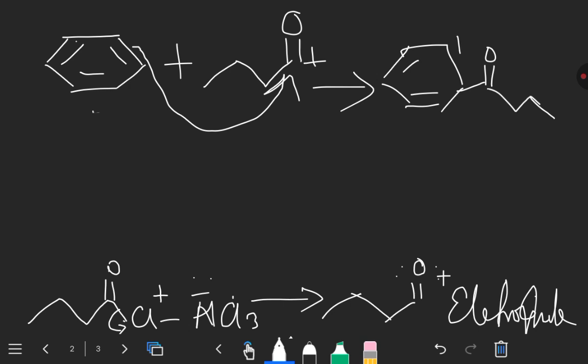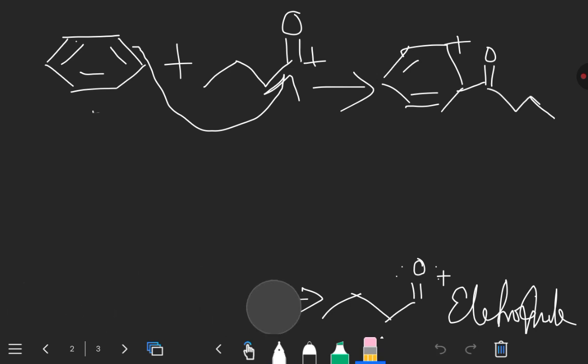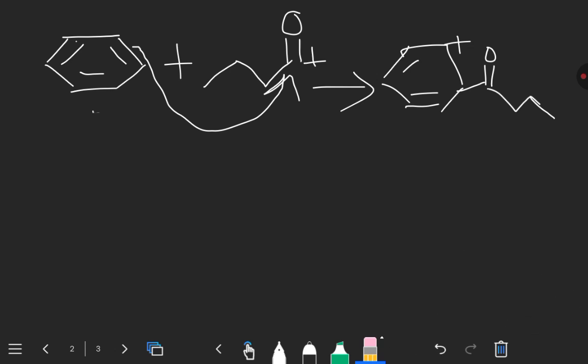Then here we'll have a carbocation since the double bond was broken. So we're going to get that structure now, with a carbocation.